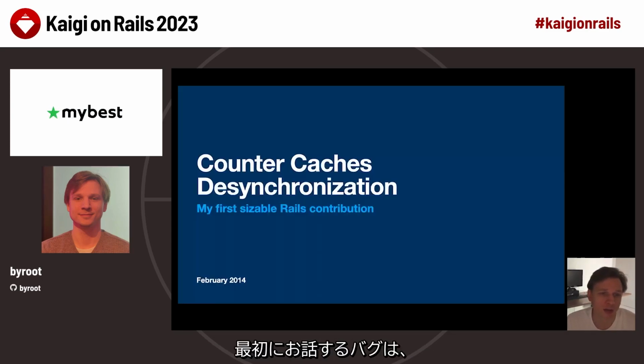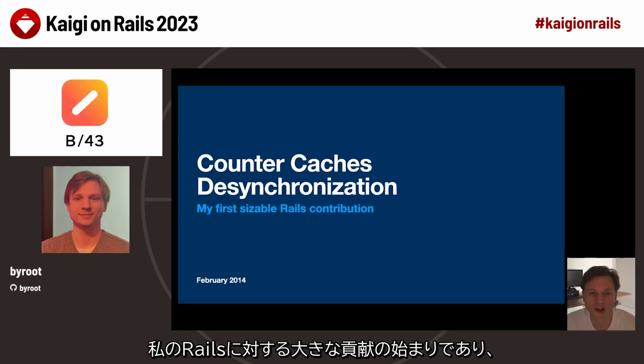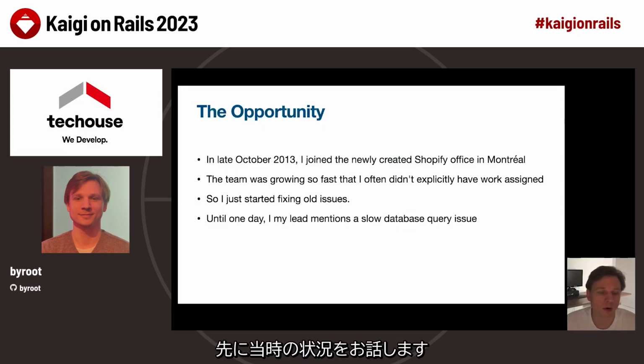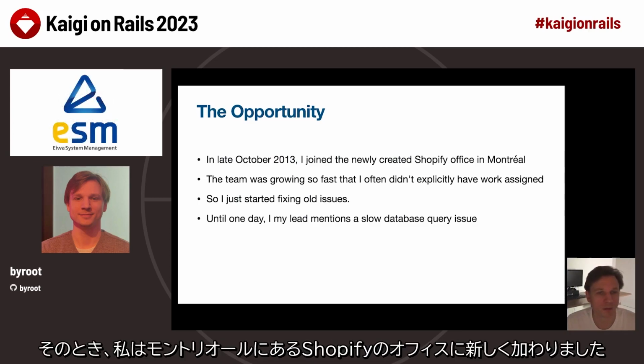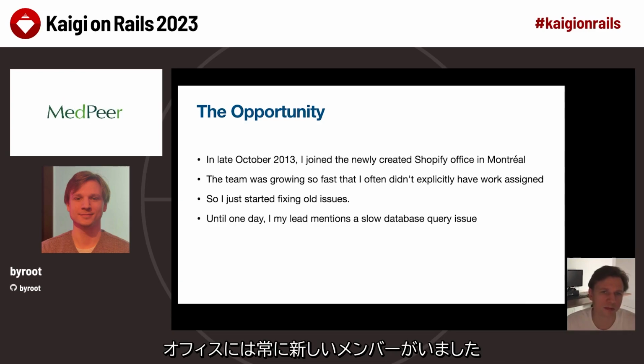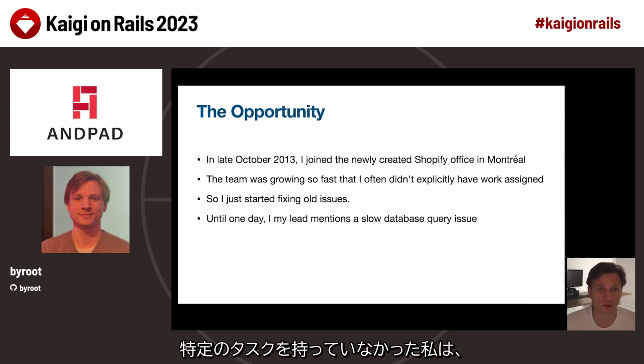The first bug I'd like to present, which also happened to be my first sizable Rails contribution, was almost 10 years ago and is regarding counter caches. But before, a bit of context: at that date, I joined the newly created Shopify office in Montreal, and Shopify was growing a lot at that time, so we always had new team members in the office, and I often didn't really have something explicitly told to do.